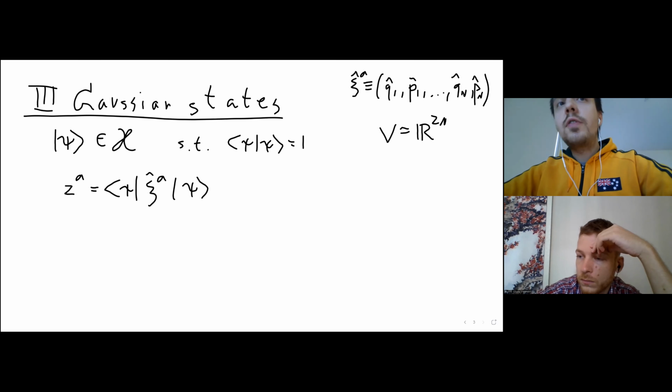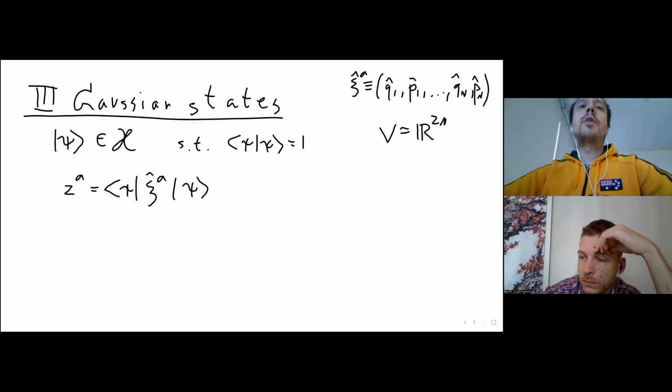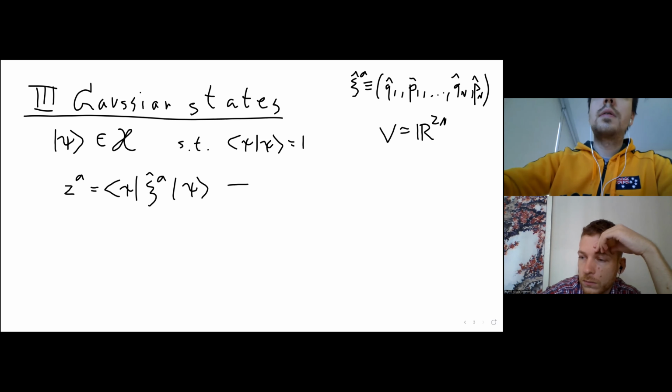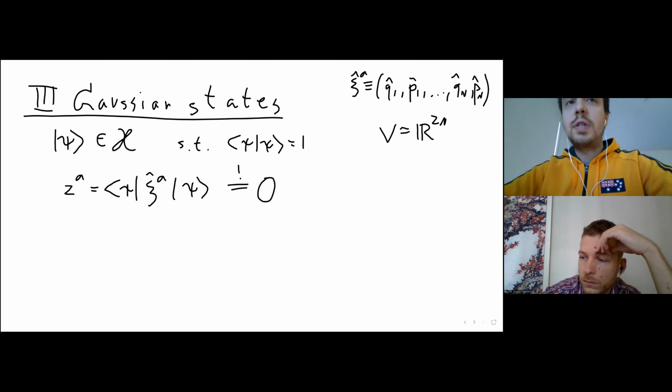And for bosons, Z could be non-zero, but it's pretty straightforward to extend to that once the Z equal to 0 case is understood. And therefore, we will restrict in both cases to Z_A being equal to 0.